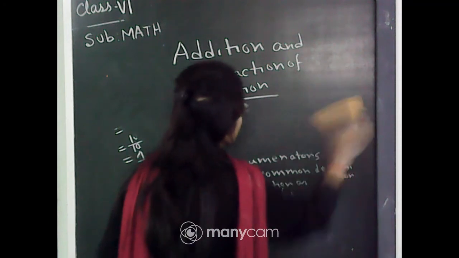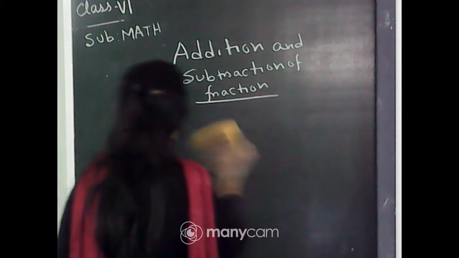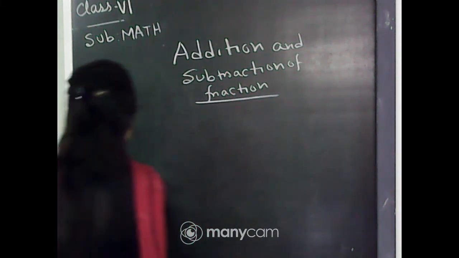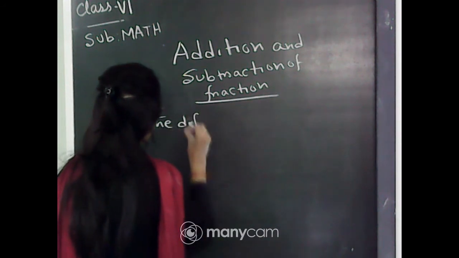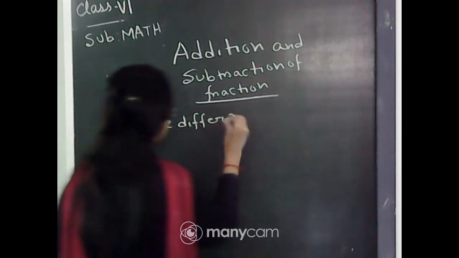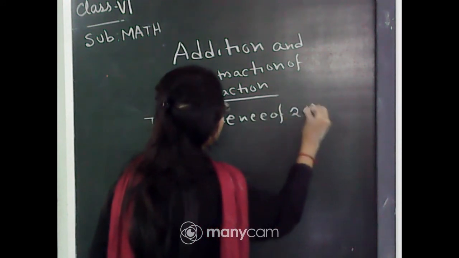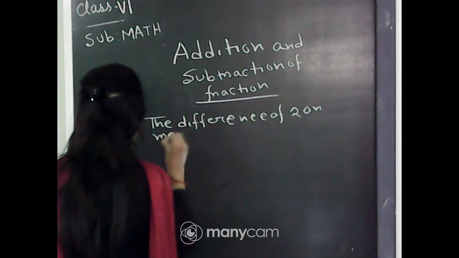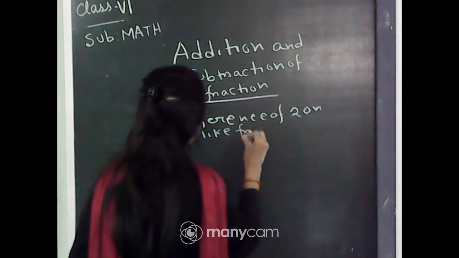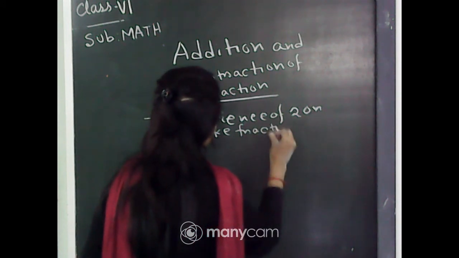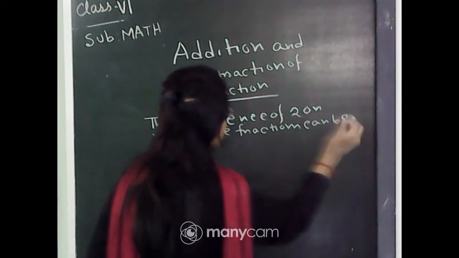Next rule is the difference of two or more like fractions can be obtained as follows.